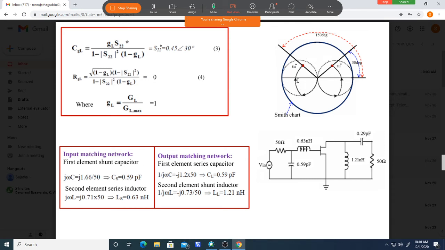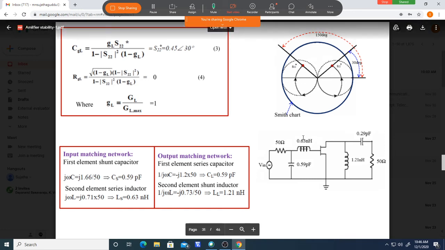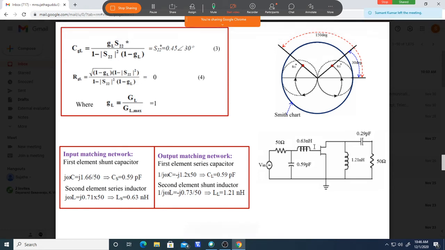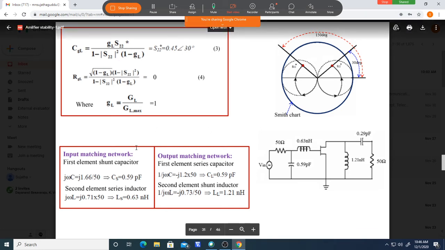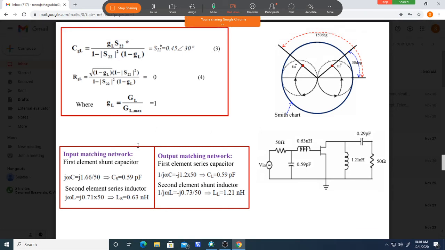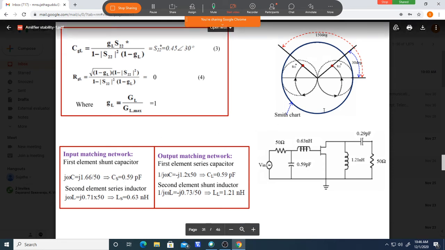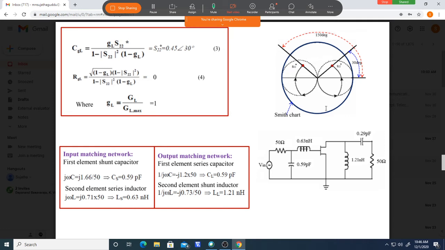Moving on the resistance circle in the clockwise direction adds an inductor in series. To get the values of these, you should follow the L matching procedure. We are already familiar with that, and in the third unit we will see it once again.